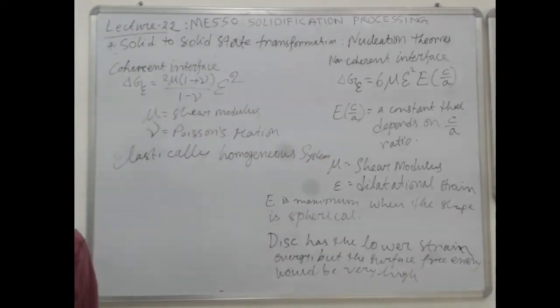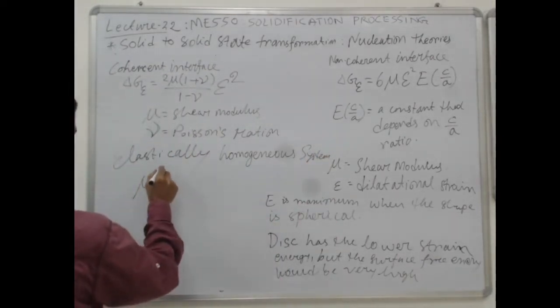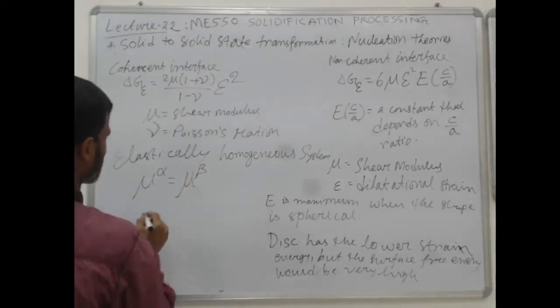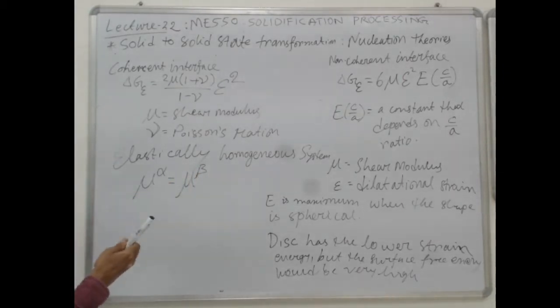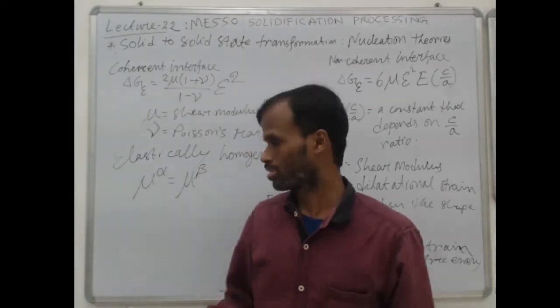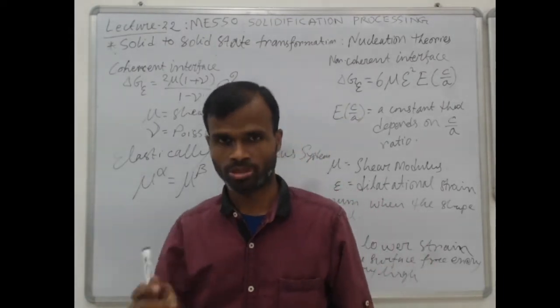Elastically homogeneous system means mu alpha equal to mu beta. So remember here mu is the shear modulus. We are not considering mu as chemical potential. Earlier we have used this mu as chemical potential. You have to understand.